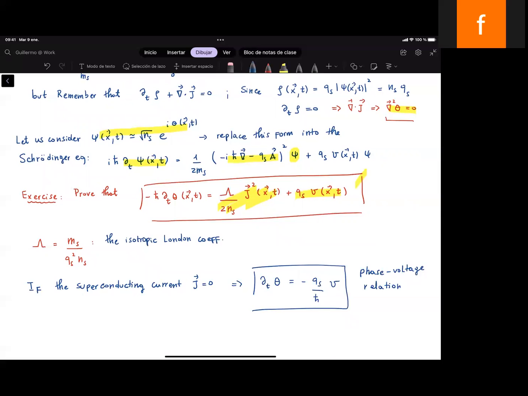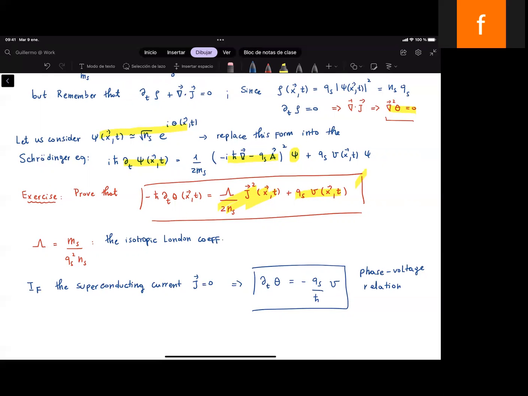At this very moment, this is just a curiosity, but later on we'll see that the dynamics of a superconductor, meaning the phase, has to do with something related to the scalar potential.